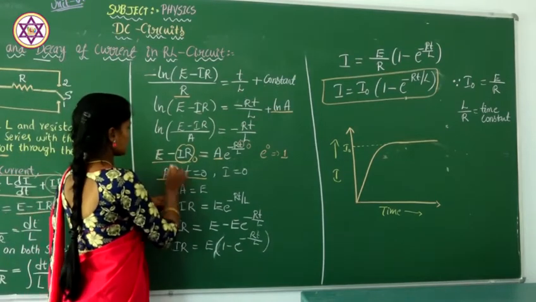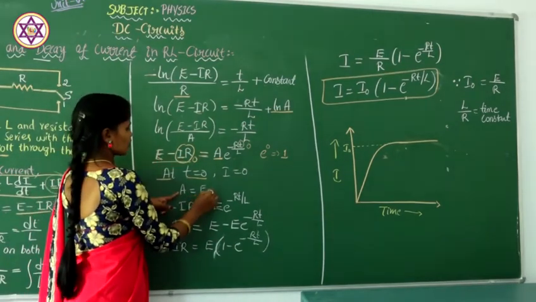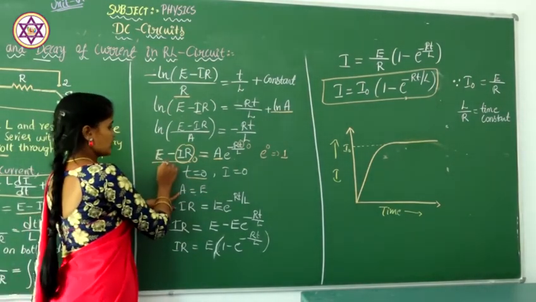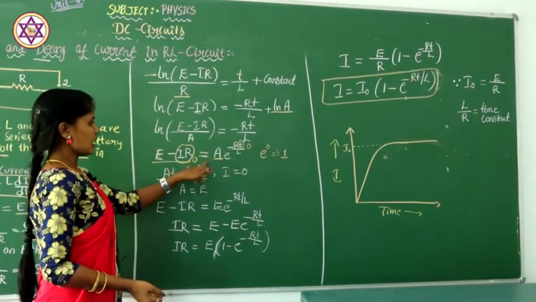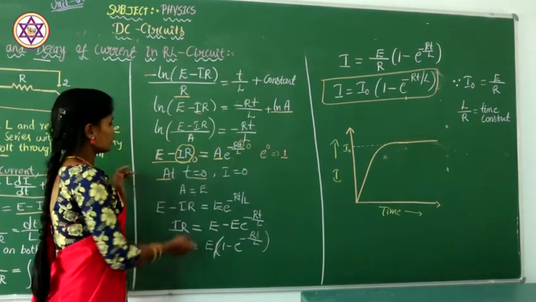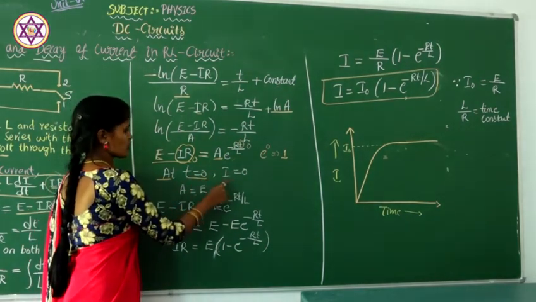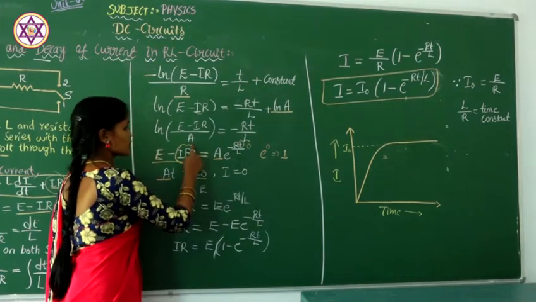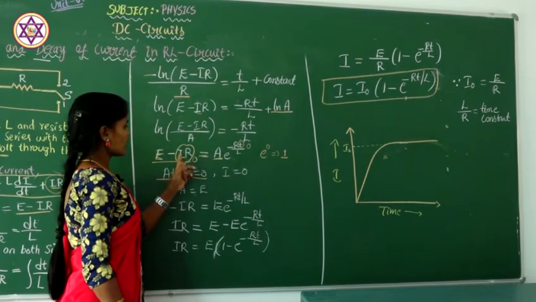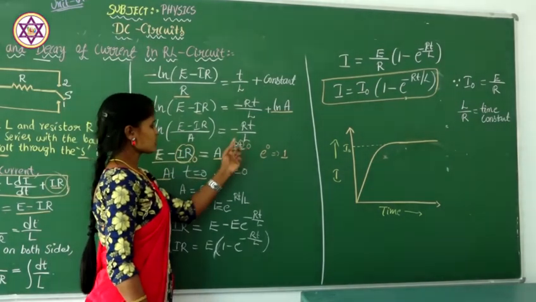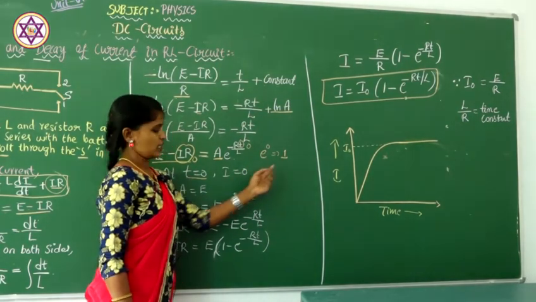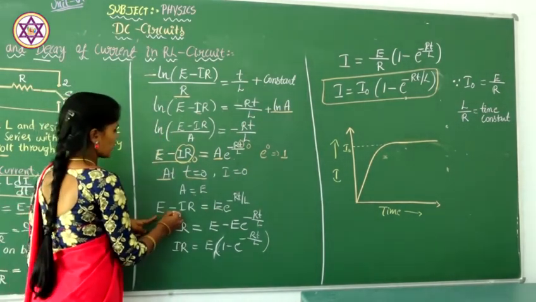So we can write E is equal to A, so A is equal to E. In the equation E minus IR is equal to A into e to the power of minus RT by L, we substitute t equal to 0 and I equal to 0. So this term IR should be 0, e to the power of 0 means 1, and then E is E minus IR.